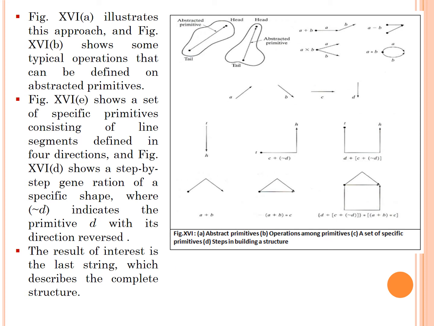Figure c shows a set of specific primitives consisting of line segments defined in four directions, and figure d shows a step-by-step generation of a specific shape, where complement d indicates the primitive d with its direction reversed. The result of interest is the last string, which describes the complete structure.